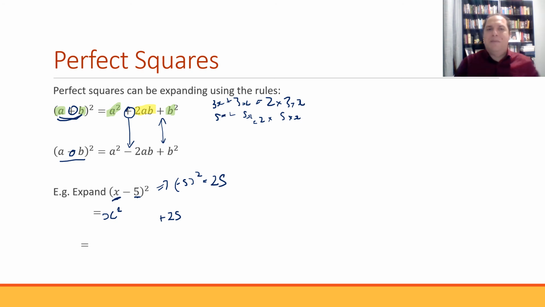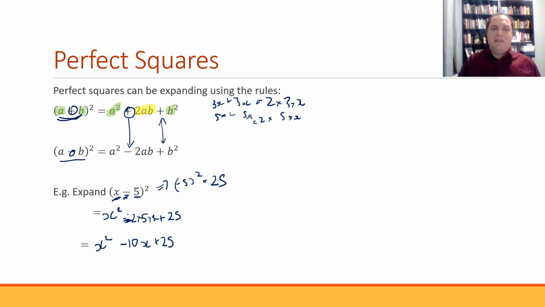That's why it's always positive, that back term. And the middle term, it will be negative because we've got a minus sign there. It'll be negative 2 times 5 times x. So that'll be x squared minus 10x plus 25.